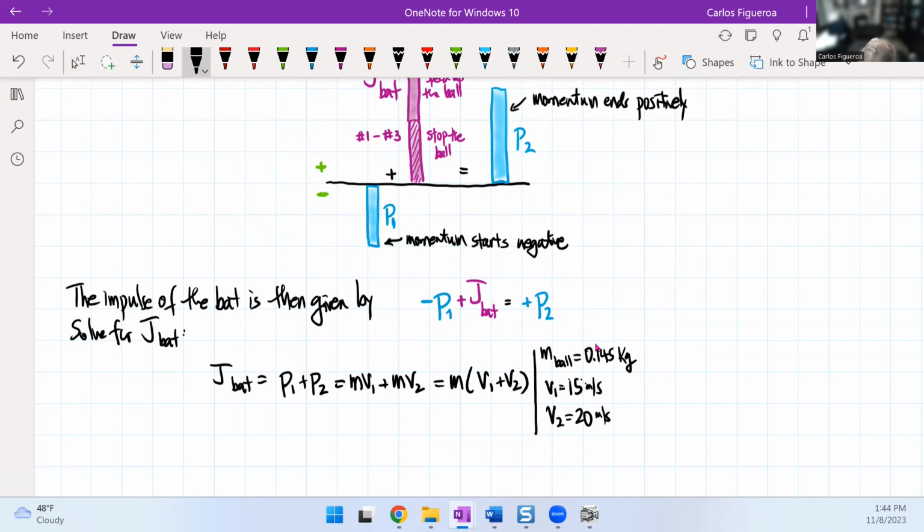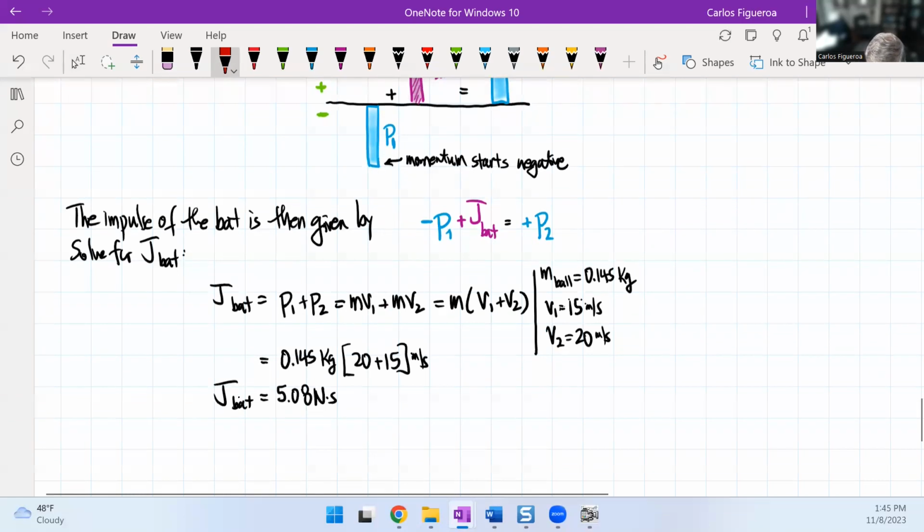If I plug in these values, I'm then going to get 0.145 kilograms times the quantity 20 plus 15 meters per second, and therefore I get 5.08 Newton seconds for J of the bat.